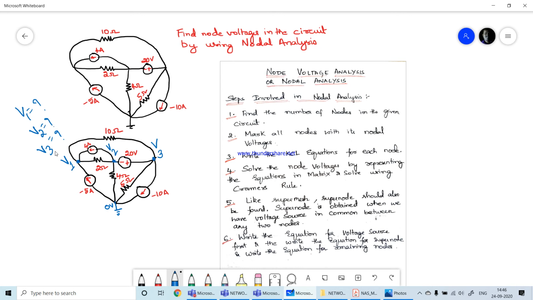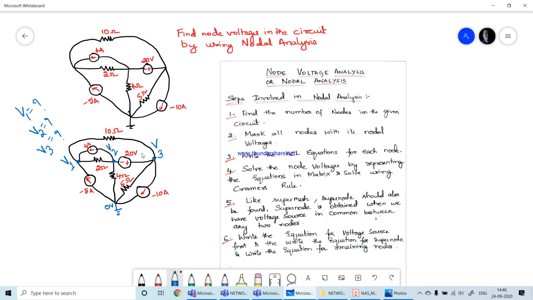Super node, sir. Yes, fantastic. So we have a super node, right? What is the definition of super node? In the fifth point, you see, the super node should also be found. A super node is obtained when we have a voltage source in common between any two nodes.